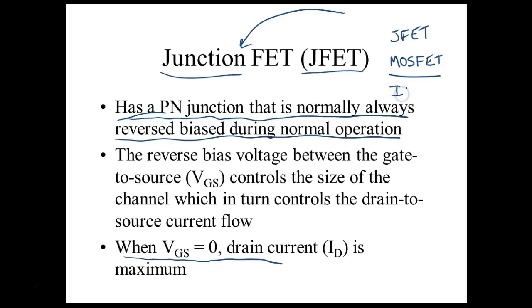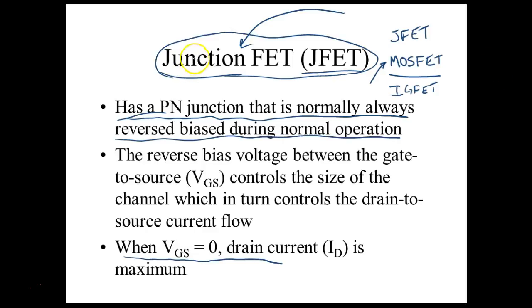It also could have been called an insulated gate field effect transistor, which originally came out as an IGFET. But over time, MOSFET has become the predominant means of representing the next section that we'll talk about. But we're going to start out talking about junction field effect transistors, or what we refer to as JFETs.